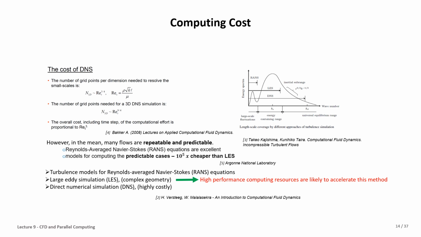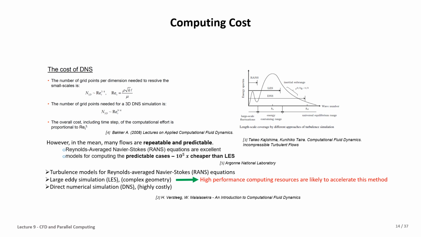After this talk regarding RANS, LES, and DNS, we can look at the computing cost of DNS. Usually for DNS, the number of grid points per dimension needed to resolve the small scales has a direct relation between the degrees of freedom and the Reynolds number. And for 3D, it gets much more costly.